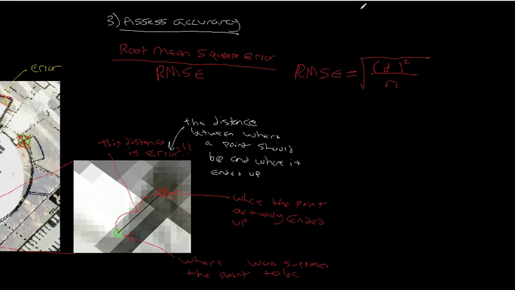The big thing on the bottom here, this n, is the number of points used to assess the accuracy.